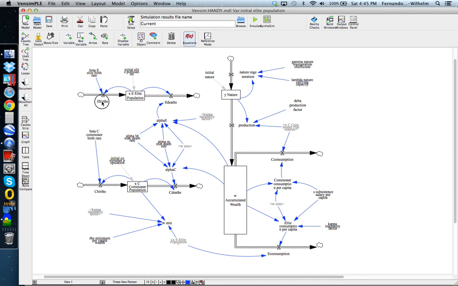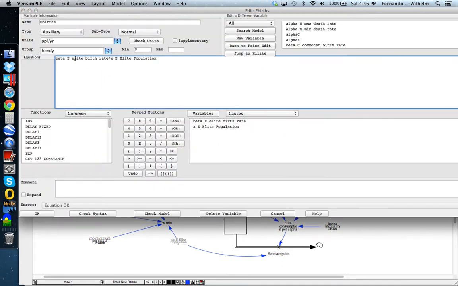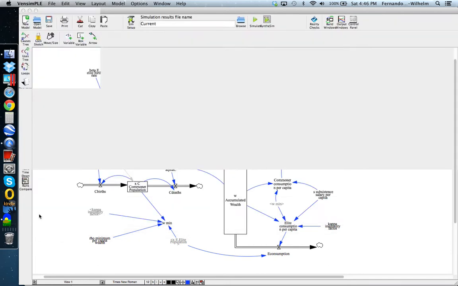The births that appear here are essentially driven by beta E, which is the birth rate, and the elite population, and that has units of people per year.